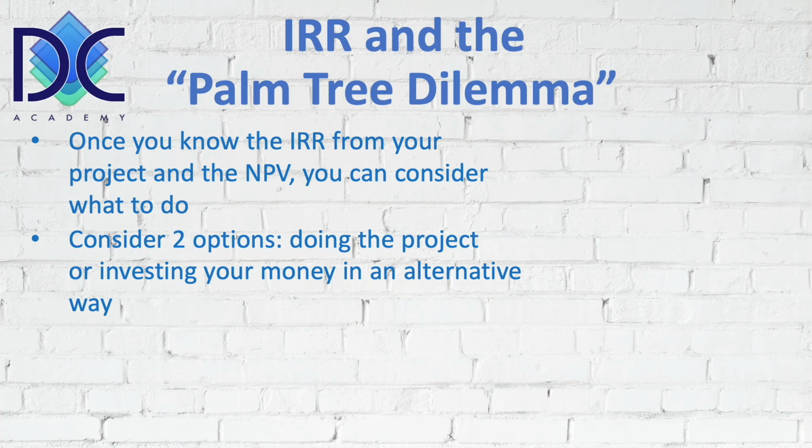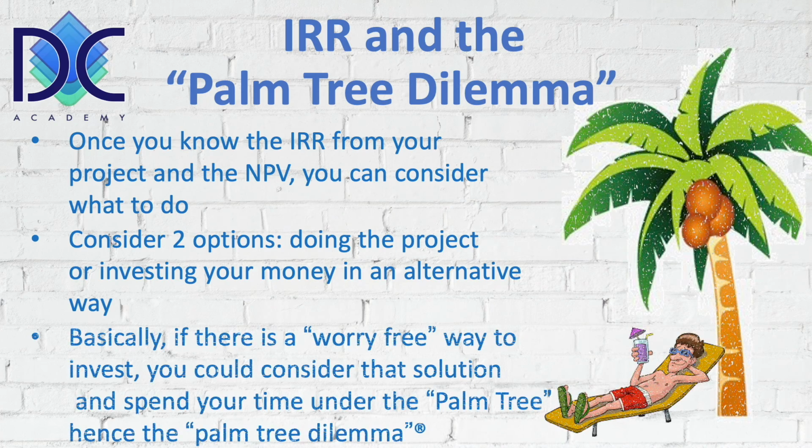And basically here is the idea of the palm tree dilemma. We find a worry-free way to invest our money, and instead of investing it in a project, which probably will give you a lot of headache, a lot of things that can go wrong, probably the results will not be as good as you imagined.